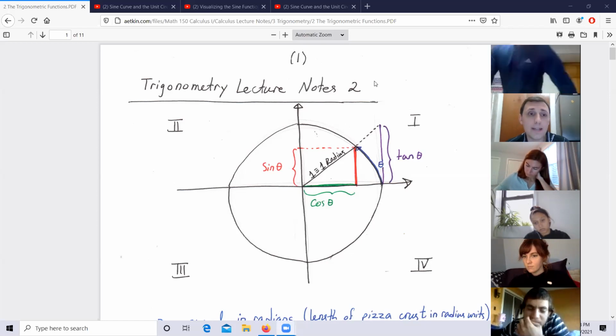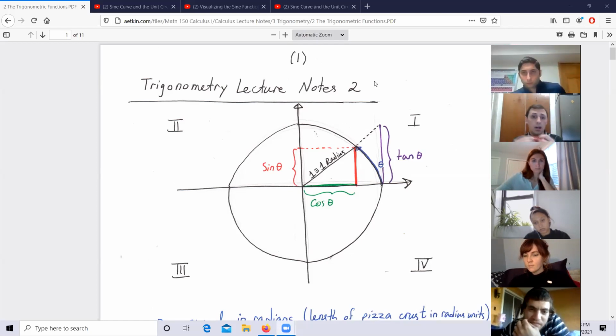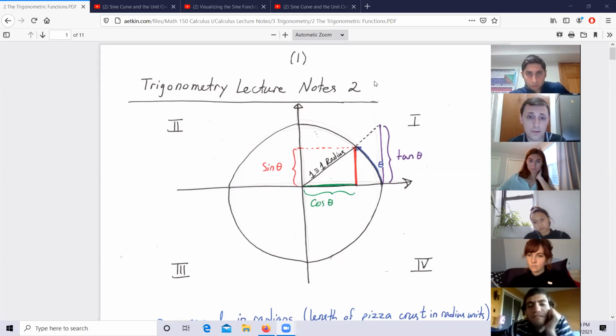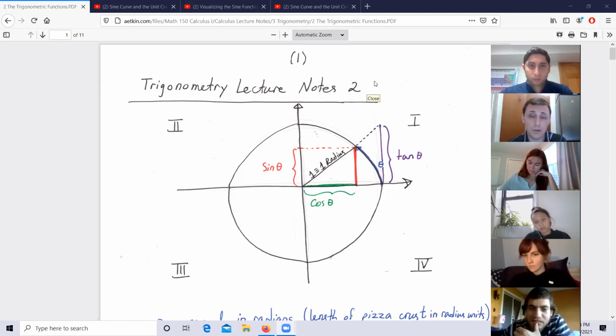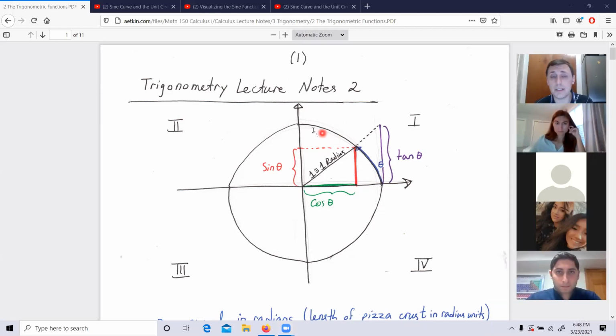What happens to cosine, my friends, when the angle approaches pi over 2? Cosine goes to 0. Good? Wonderful. We all see that, guys? So we see that sine will increase in the first quadrant, and cosine will decrease, going from 1 to 0.